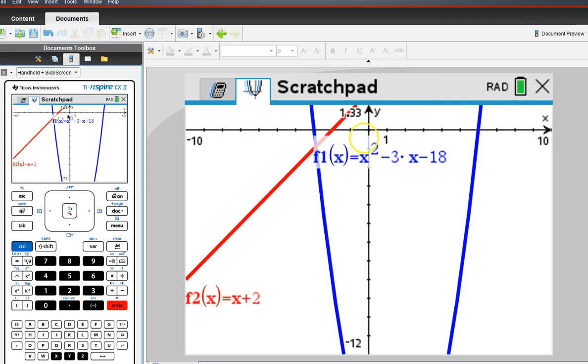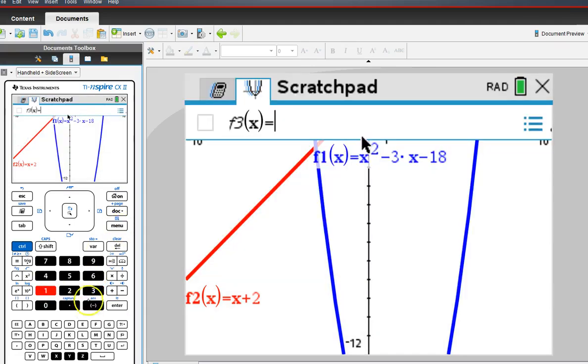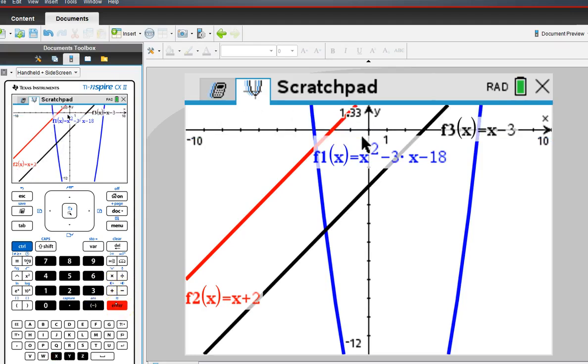Notice the x plus 2 doesn't cross. And we said our two factors were x minus 6 and x plus 3. So let's try the x minus 3. Hit menu 3, 1. X minus 3 is choice A. Notice it goes through 3 because the opposite of minus 3 is plus 3, right?